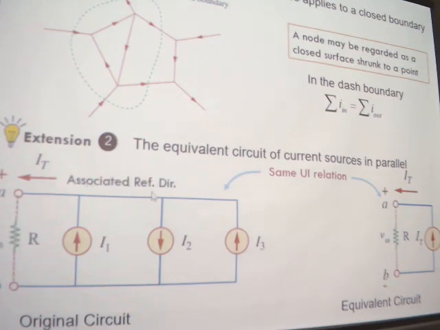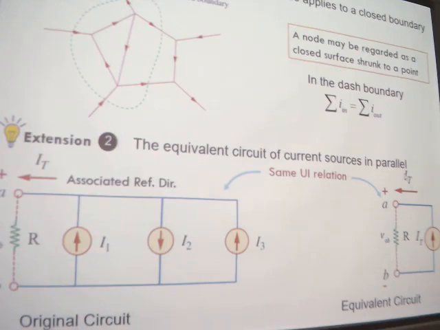The associated reference direction is as this one, and we can suppose we connect a resistance R here, can we? Okay, so the VAB for node A and node B is like this, as the sign. The positive side is A, the negative side is B, okay?